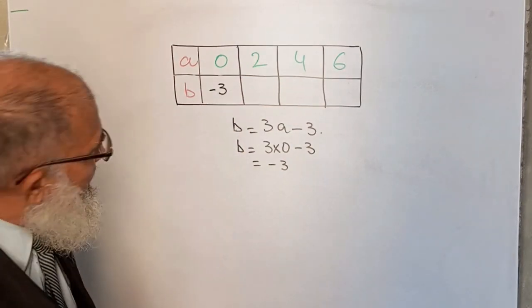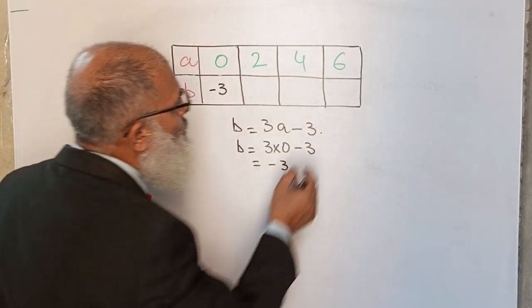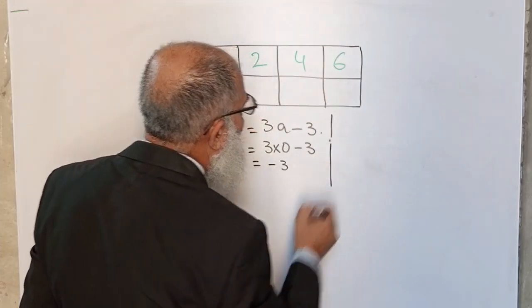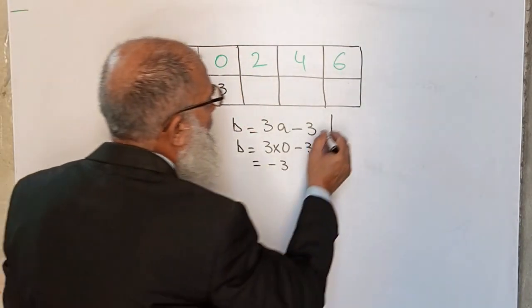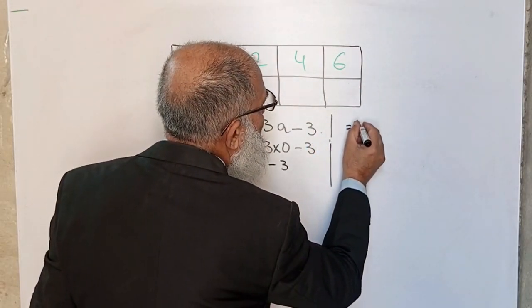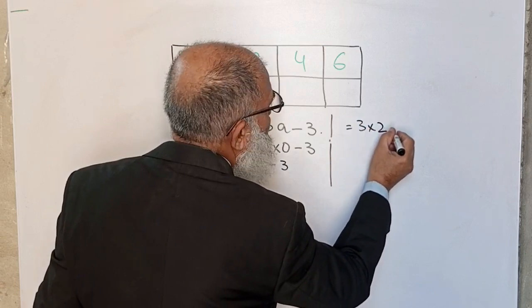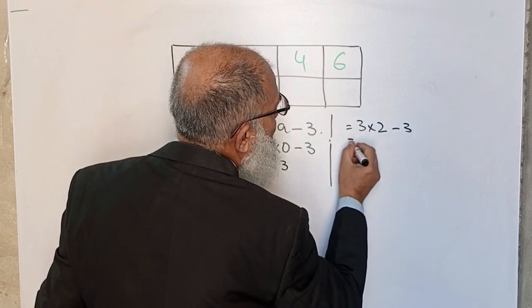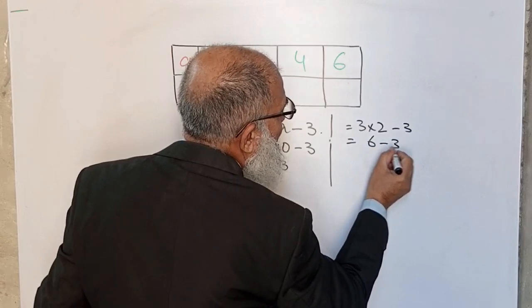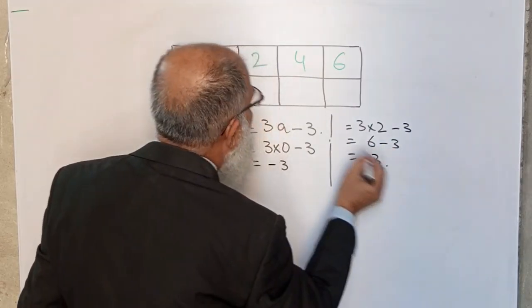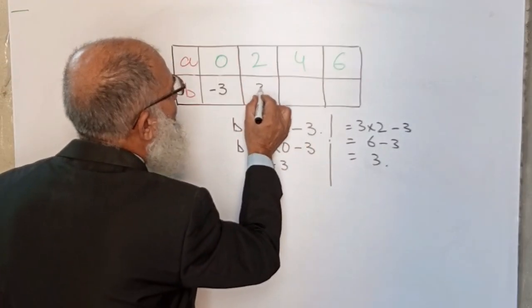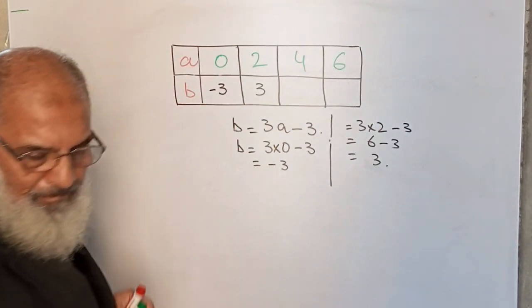This was quite an easy job. For 2, that is equal to 3 multiplied by 2 minus 3. It will become 6 minus 3, it will become 3. For 2 the value will be 3.